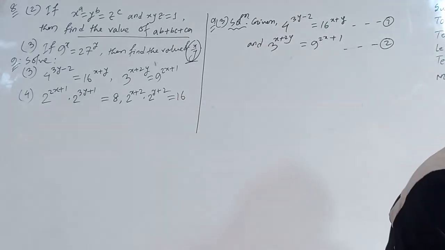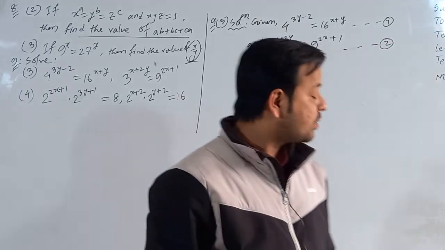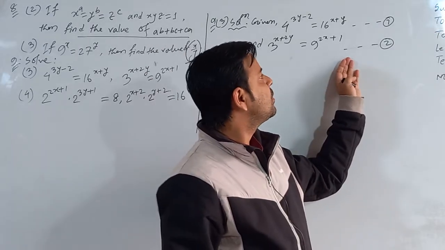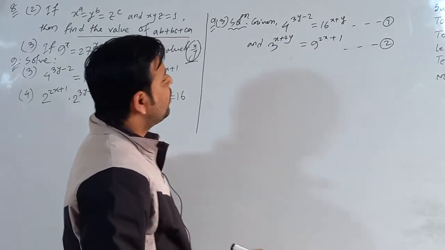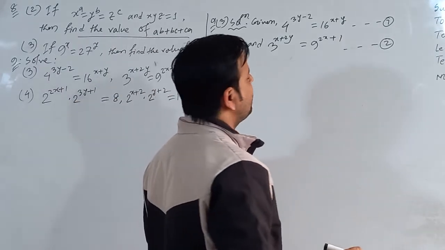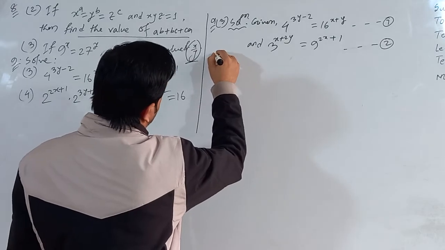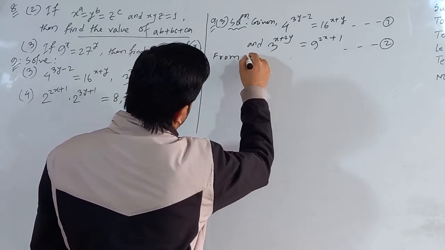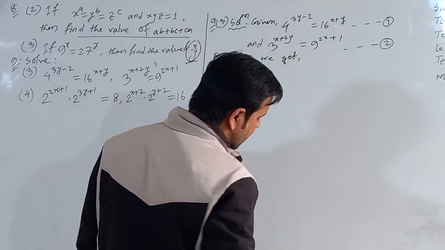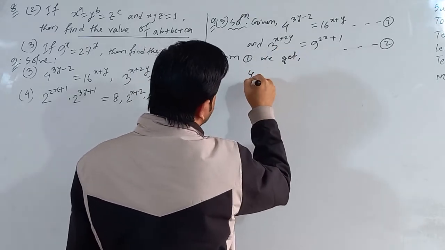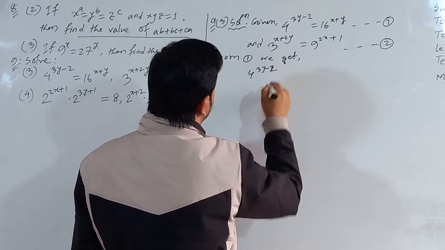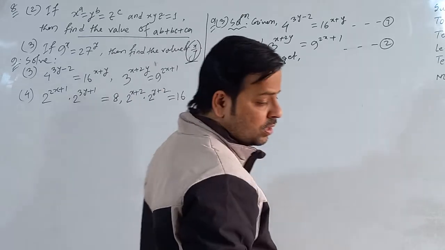Equation 1 and 2 are given. We need to solve this. That is 3 to the power x plus 2y equal to 9 to the power 2x plus 1, this is equation 2, and 4 to the power 3y minus 2 is equal to 16 to the power x plus y, this is equation 1. So from 1 we get 4 to the power 3y minus 2.